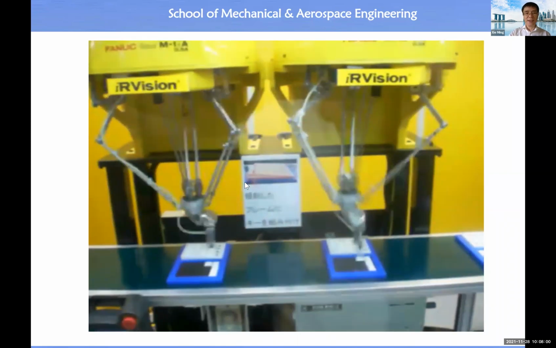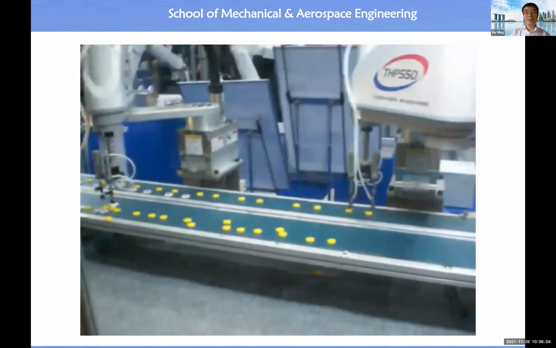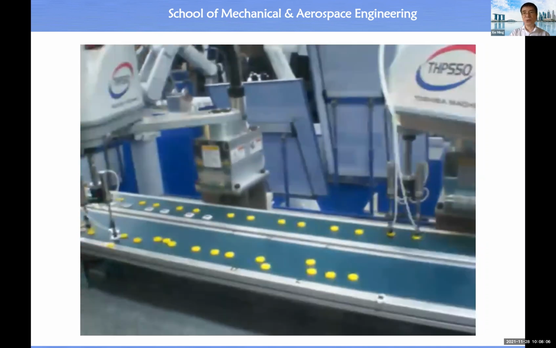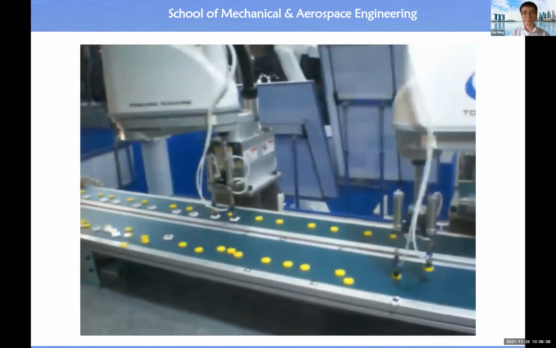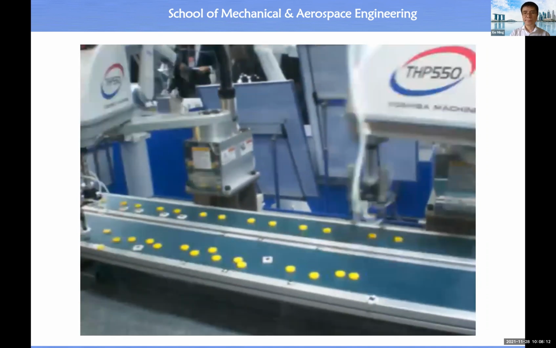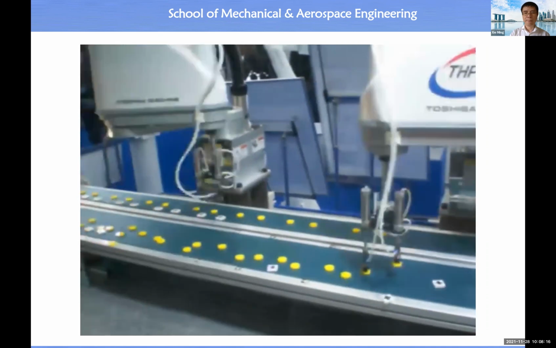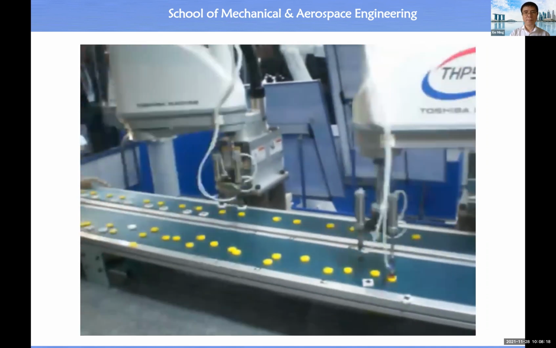Okay, and this is another example showing you the scenario of sensory motor interaction. All right.